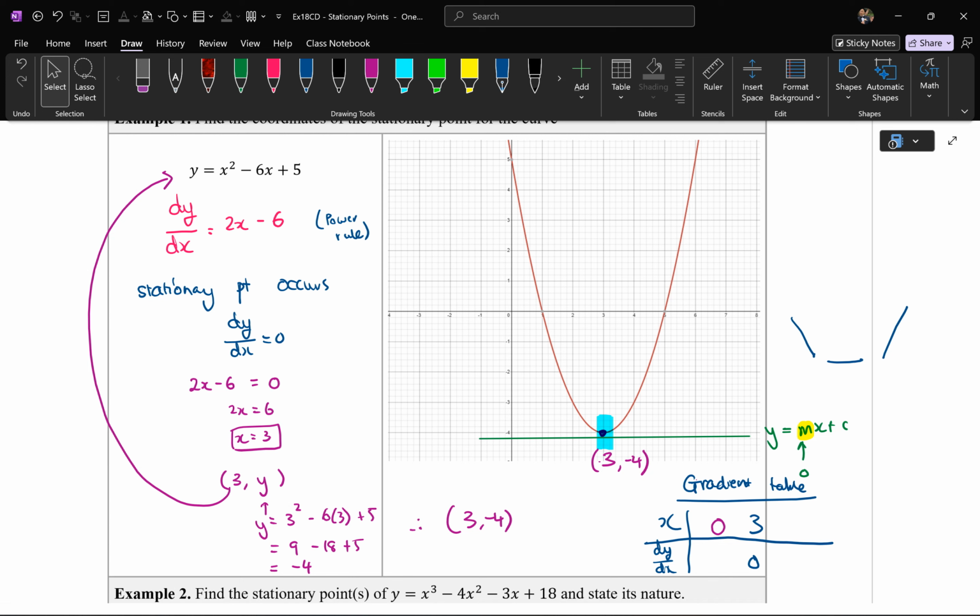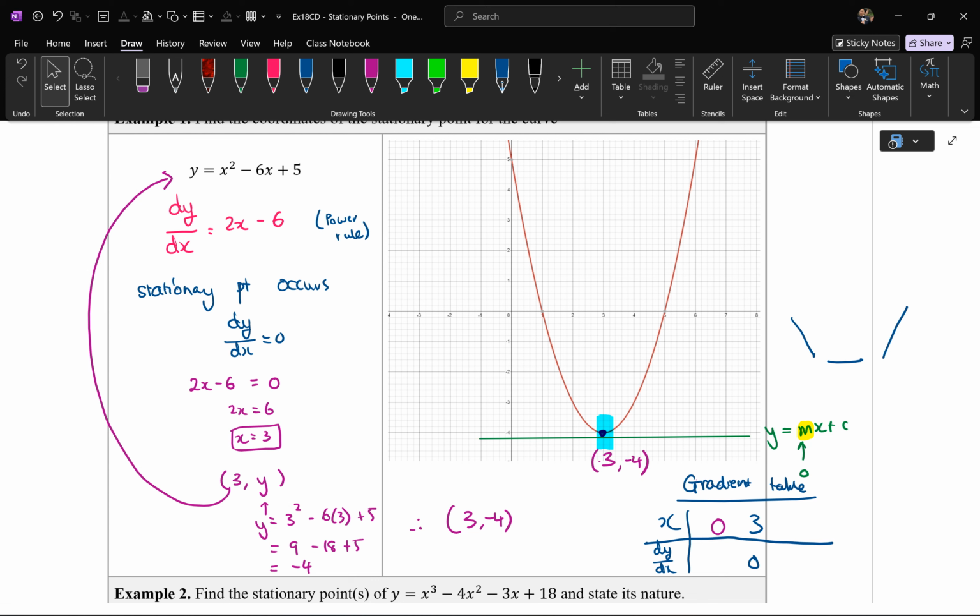Think about the language I'm saying. I want the gradient. Which one's my gradient equation? 2x minus 6, not this one. So this one tells you the x and y coordinates. This one tells me whatever I sub in for x, I should get the derivative.